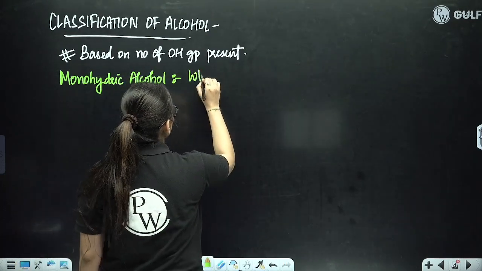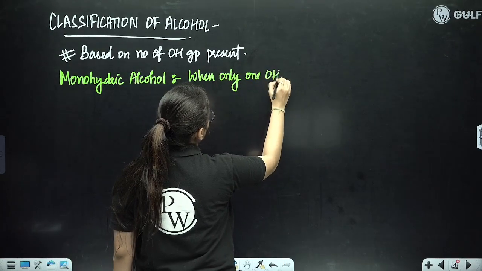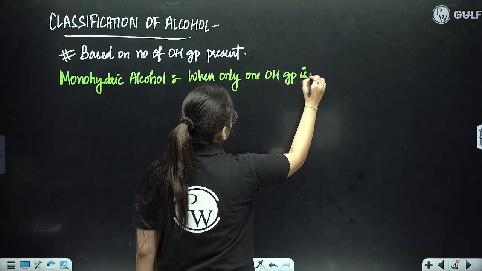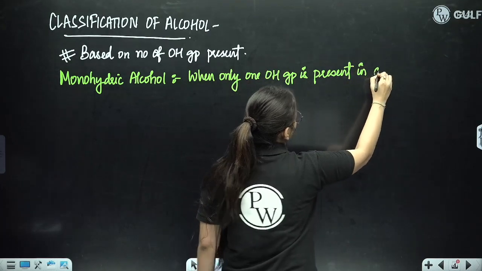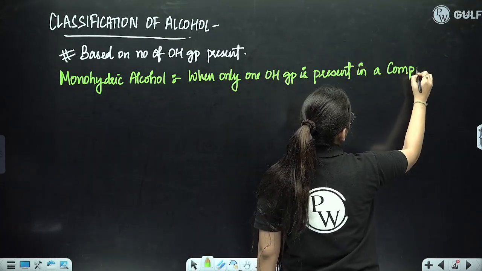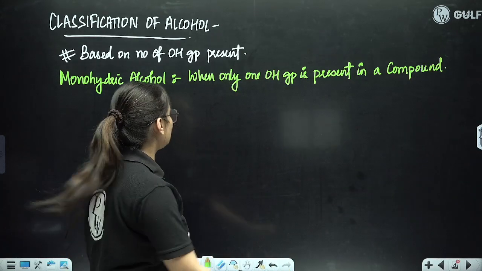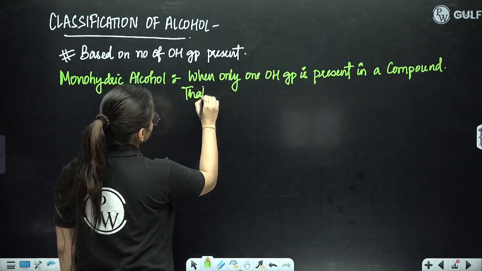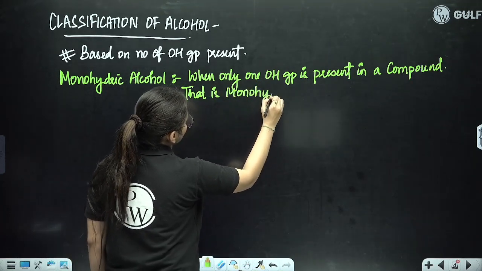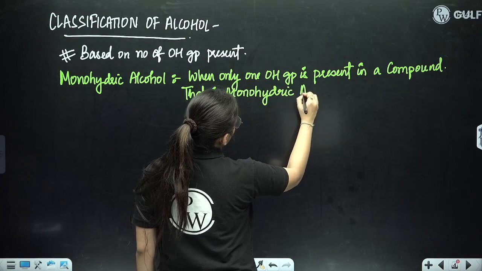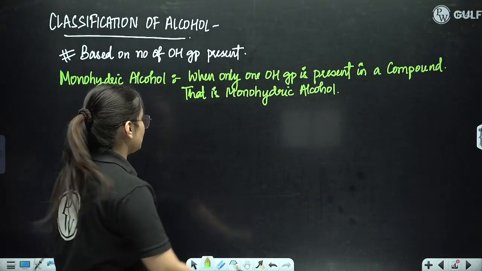When only one OH group is present in a compound, that is basically monohydric alcohol. Clear with this part?